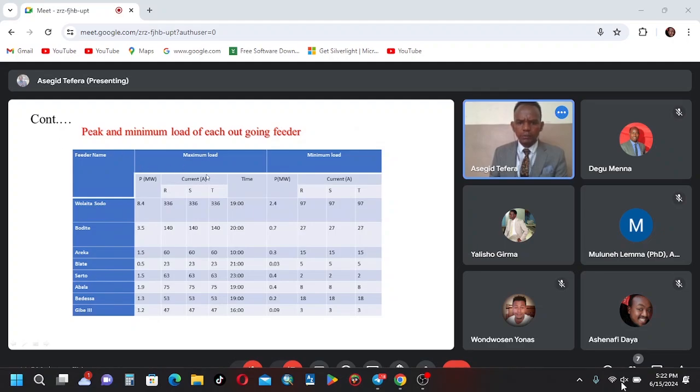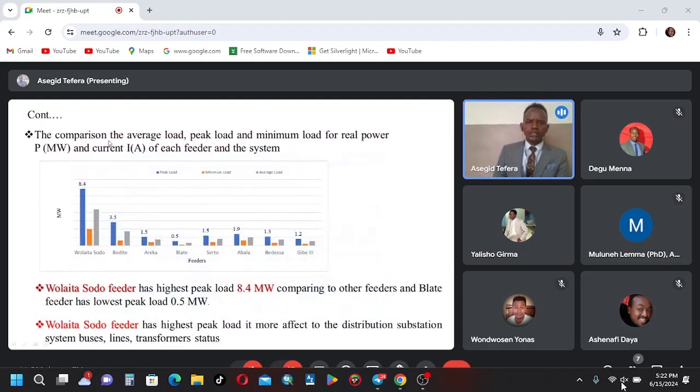These are the minimum load for each feeder. The comparison of the average load, peak load, and minimum load for real power, and the current of each feeder in the system, are graphically represented in this.